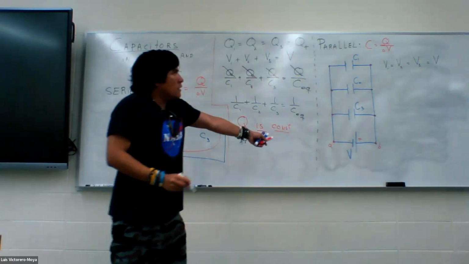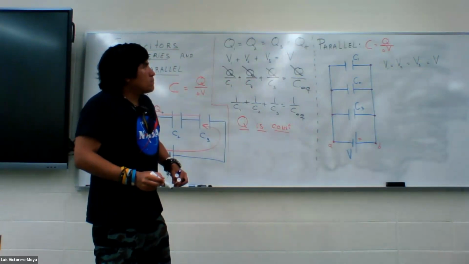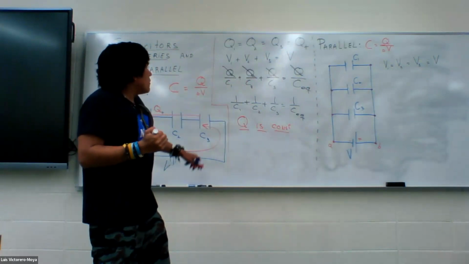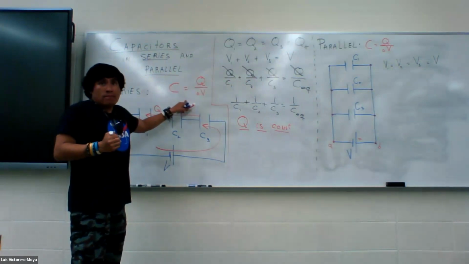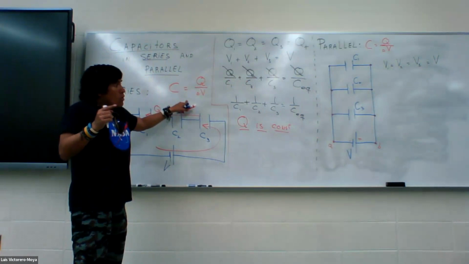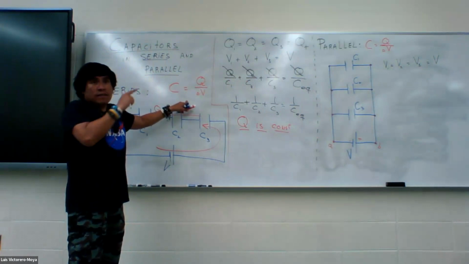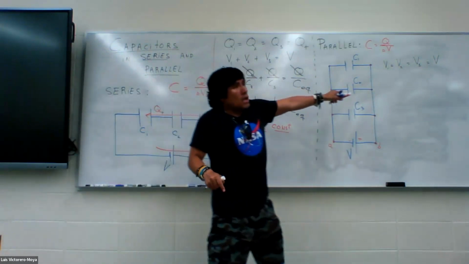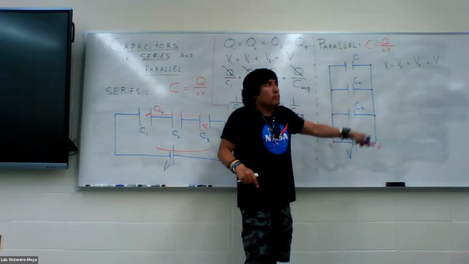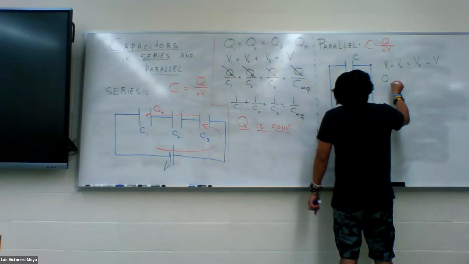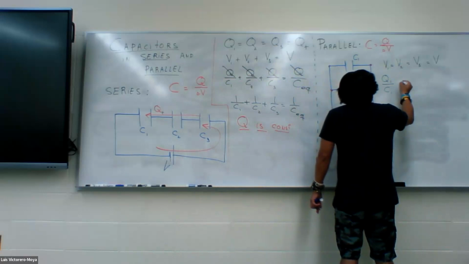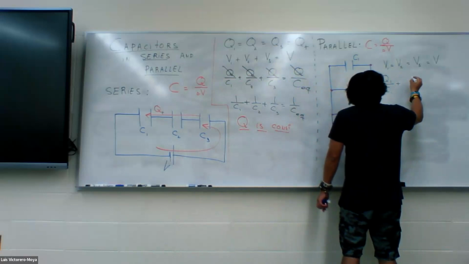The V of the power supply. Now, what's V though? V is Q over C. Now, the charge in this case is not constant.